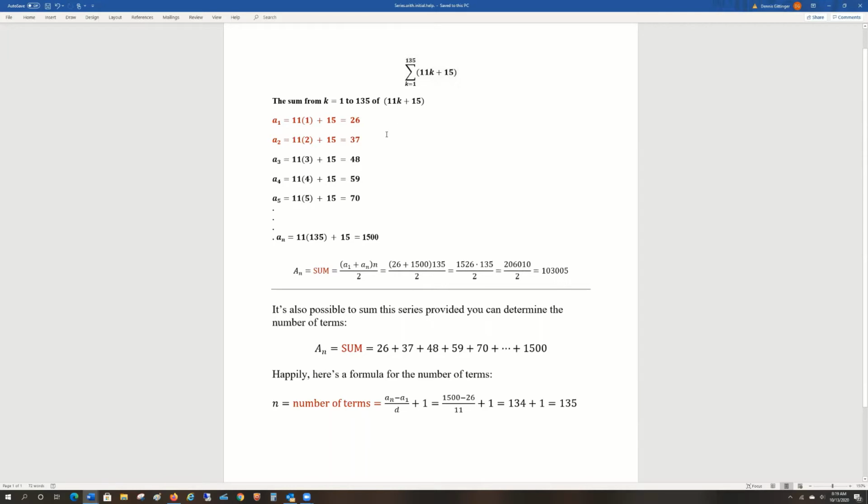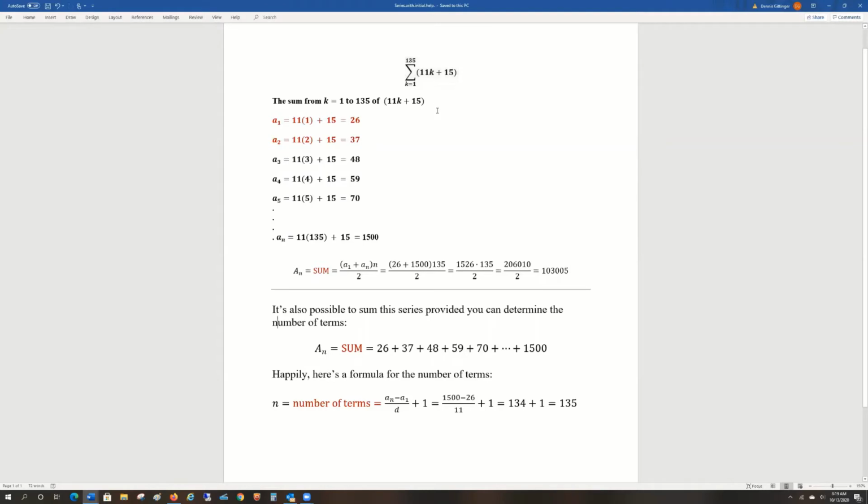However, after you've done a few of these, you don't have to do all of them because that would take a ridiculous amount of time. But we are going to need to know the value of the last term. And the last term, that's what this upper limit is all about. The last term is what you get when you plug in the upper limit for the letter k.